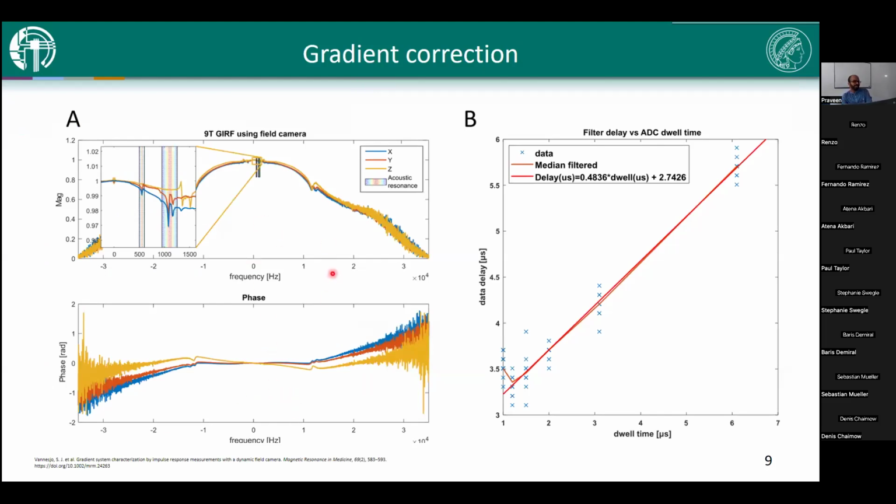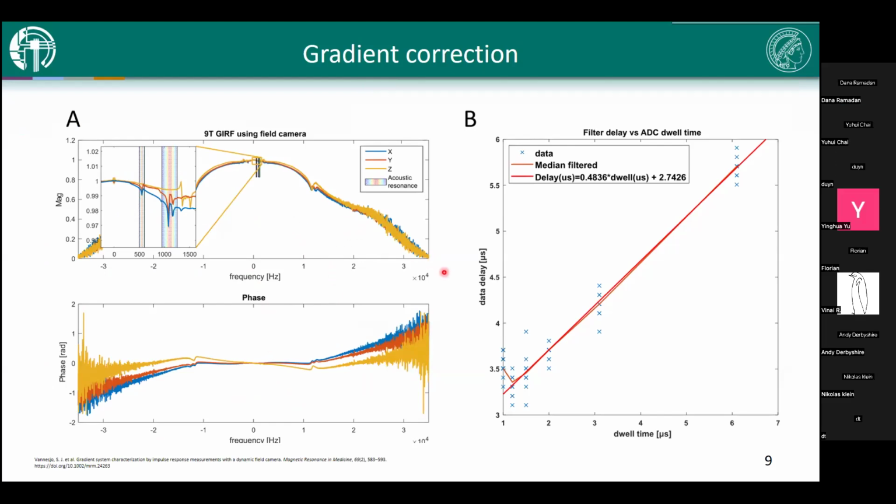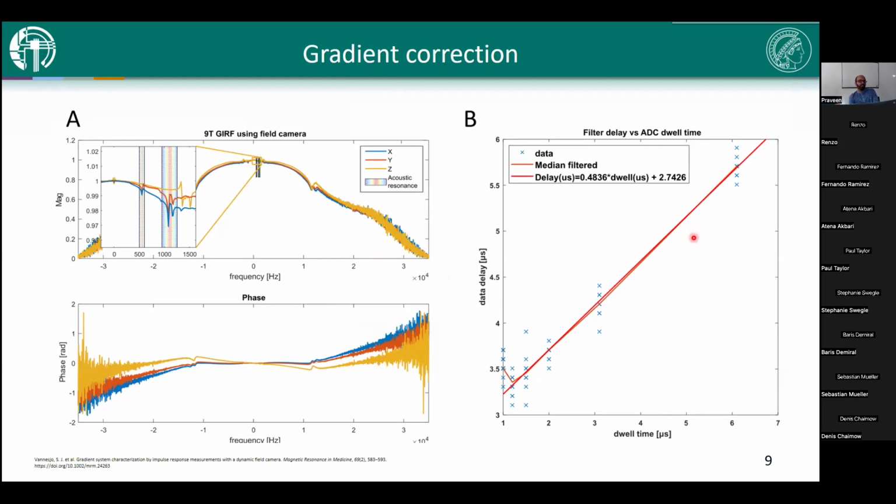So, a quick word about gradient correction. This is the acquired gradient impulse response function. In addition to that, we also acquire some filter delay. Whenever you have a changing dwell time, there is a different data delay depending on the dwell time you pick.